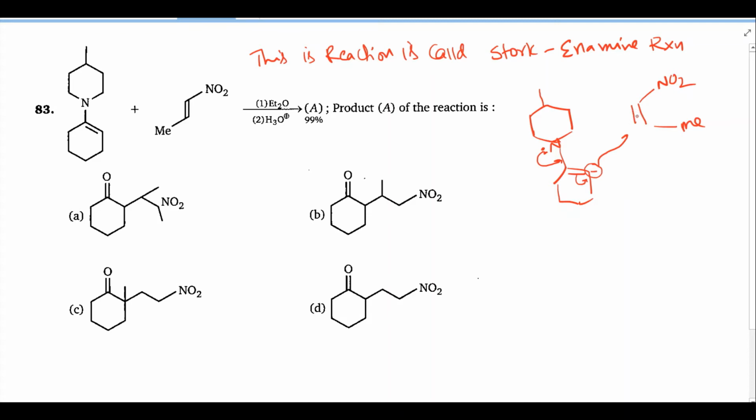Why is the bond shifted like this? Because it is a more stable carbanion. Why is this a more stable carbanion? Because NO2 is a minus M affecting group. The negative charge attacks like this, so the bond must be shifted like this, because this is an anion.